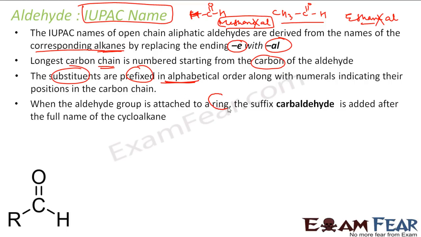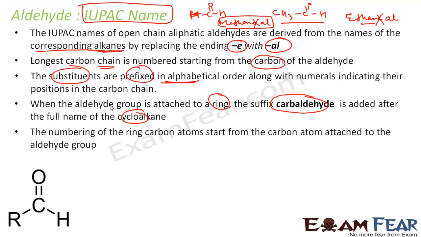When you have this aldehyde group attached to a ring, then you suffix carbaldehyde after the cycloalkane. We'll see all these examples to understand this. And as in the normal chain, for the ring also the numbering will start with the aldehyde group.